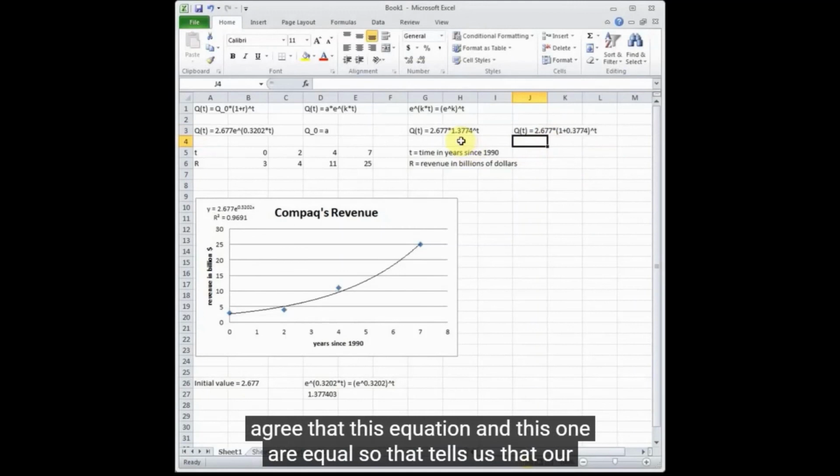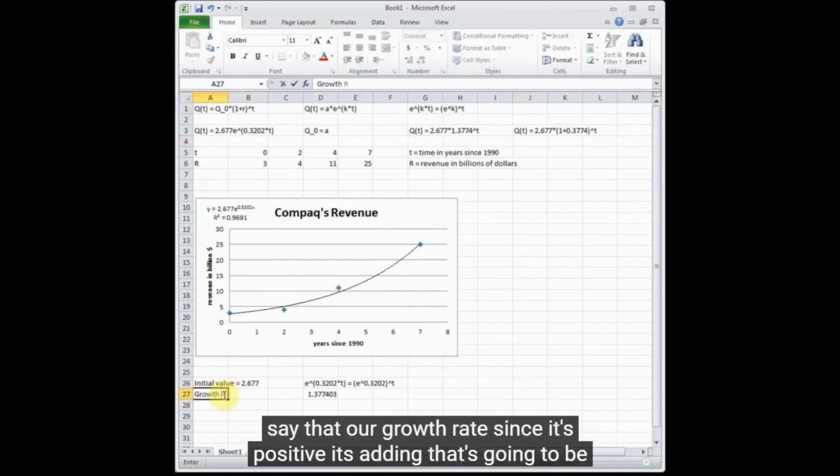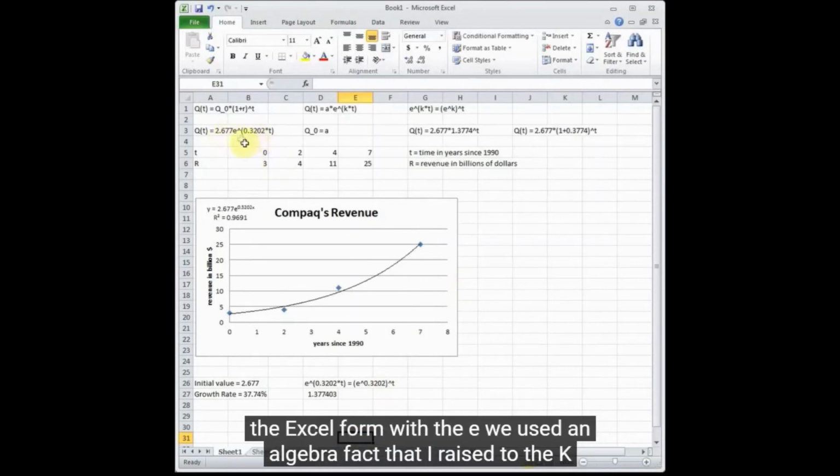Do you agree that this equation and this one are equal? So that tells us that our growth rate is the plus number, which is 0.3774. So we can say that our growth rate, since it's positive, it's adding, that's going to be 37.74%.